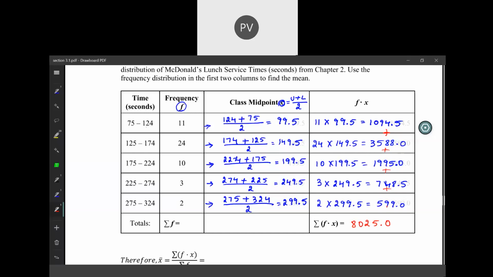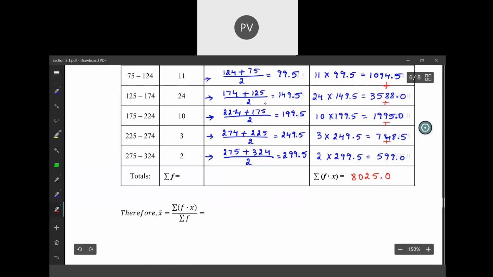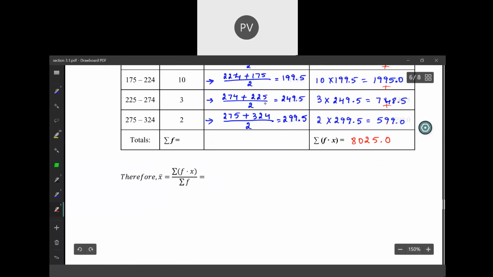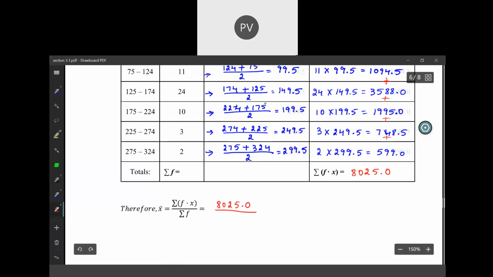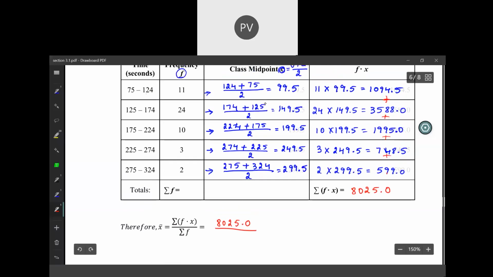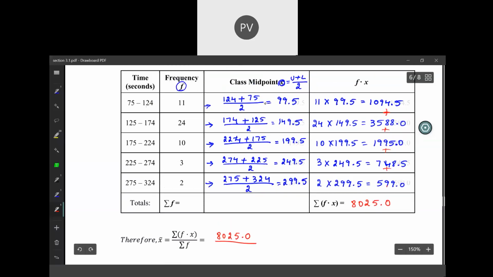Okay, so once you are done with this, our final step is to compute the mean. This is the formula, right? So summation fx is here, which is 8025.0, divided by summation f. What is summation f? Add all the frequencies and tell me the value.